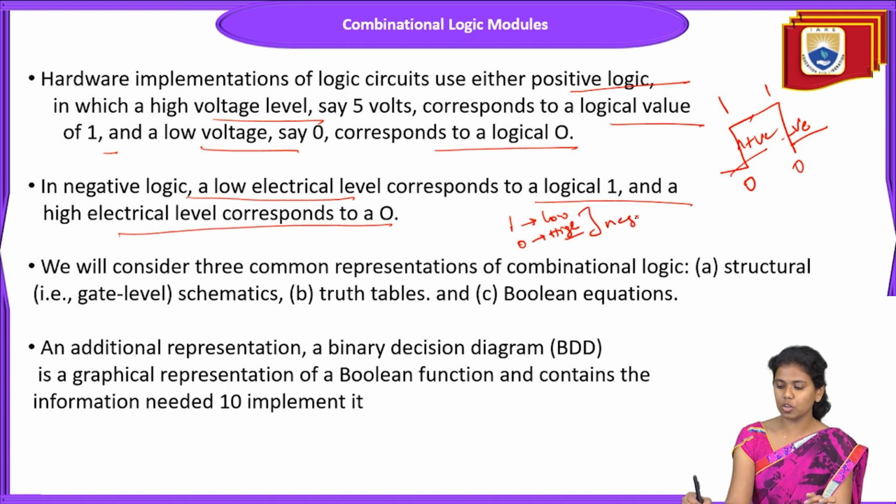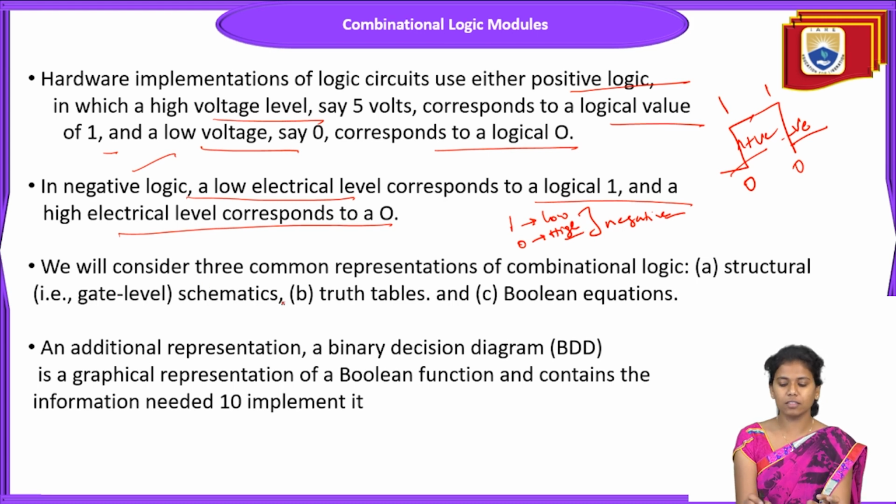Usually it is the contrast to positive logic, where 1 stands for the high level and 0 stands for the low level. But in negative logic, we represent 1 with low and 0 with high.